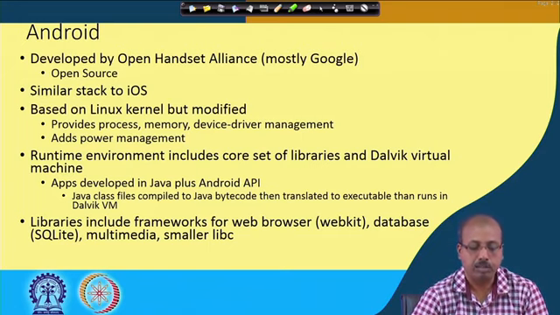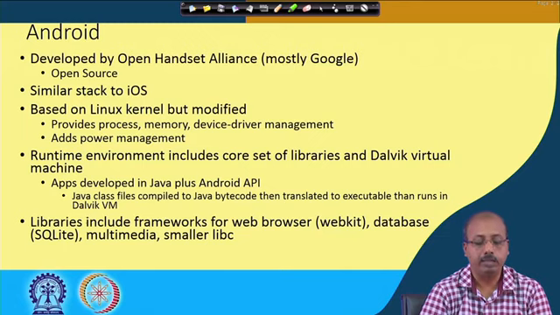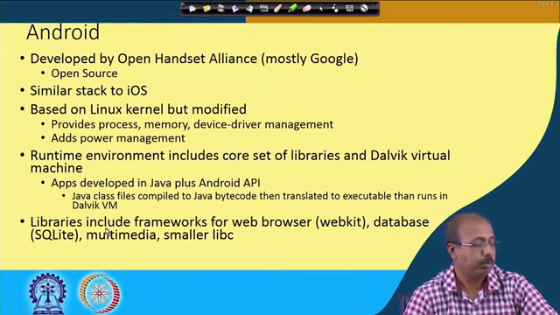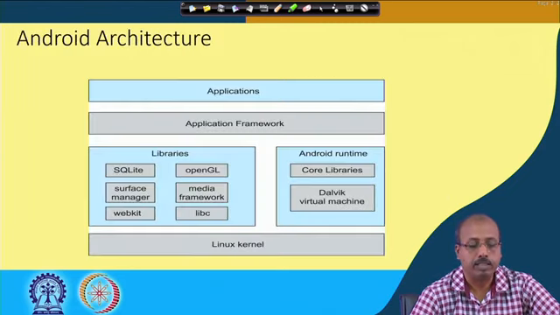Libraries that we include are frameworks for the web browser, that is WebKit, database SQLite, multimedia, and a smaller libc. These are simplified versions of standard modules and software that we have, for example, in Linux. That way it helps in making the operating system lighter, so that it can be put onto these mobile devices.